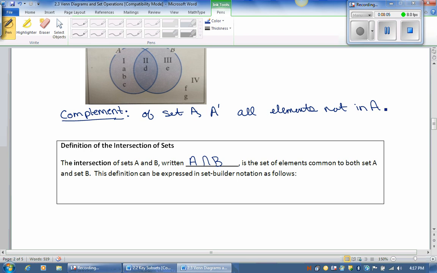Okay, so it's all the elements that aren't in A. Another way to write the complement of A is: x such that x is an element of the universal set and x is not an element of A. So it's just another way to write it.